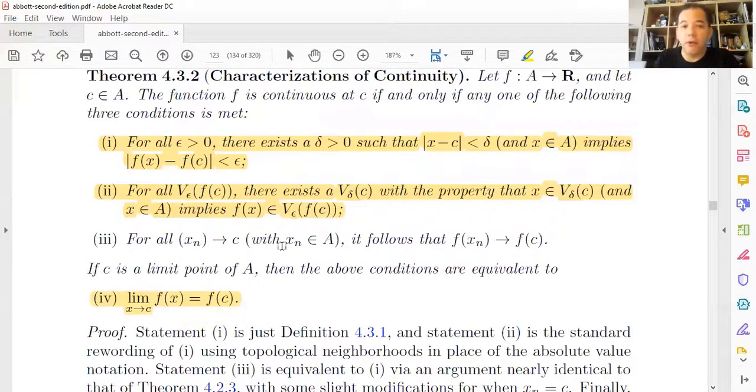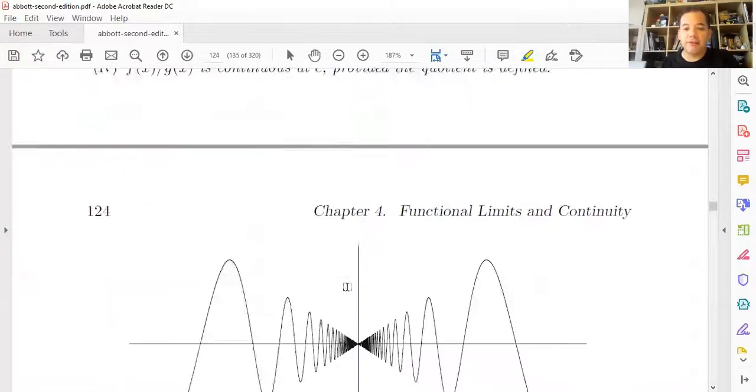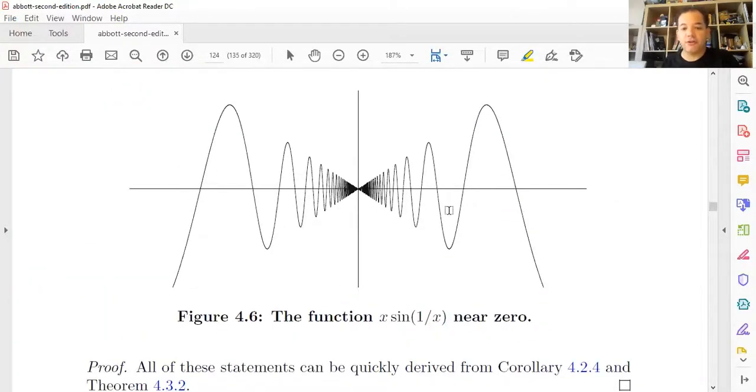Okay, so we were doing this a week ago. We didn't have a class on Tuesday. And we finished by looking at this example of a function, x times sine of 1 over x, and we showed that it is continuous at 0. In fact, everywhere.